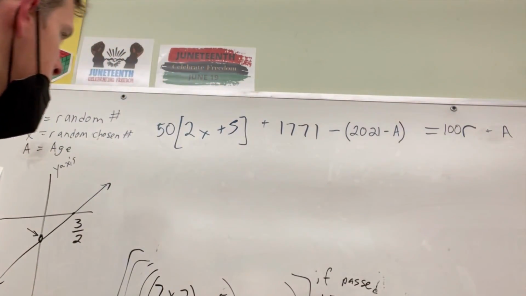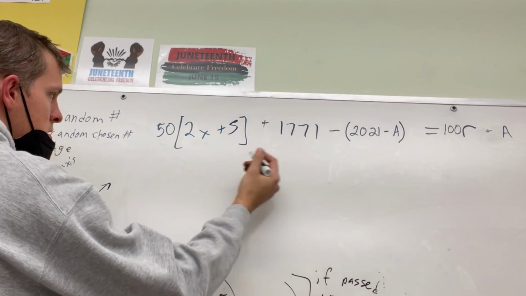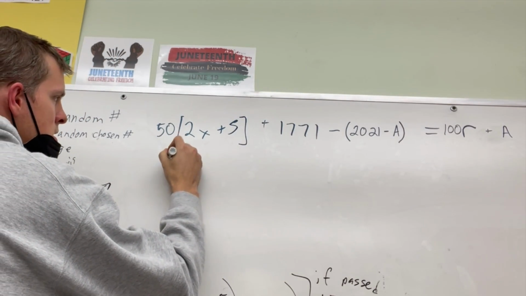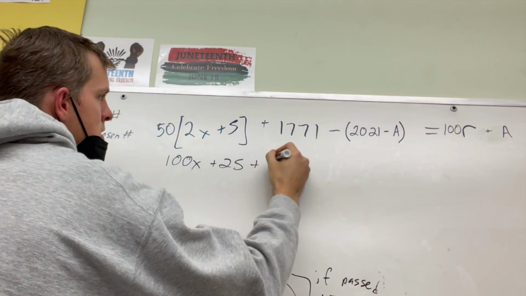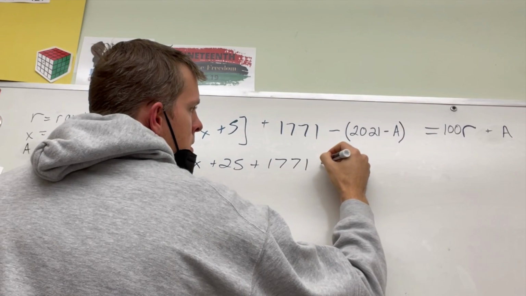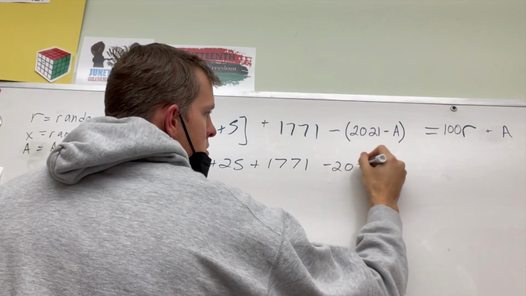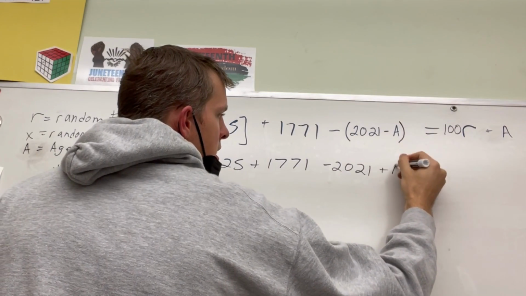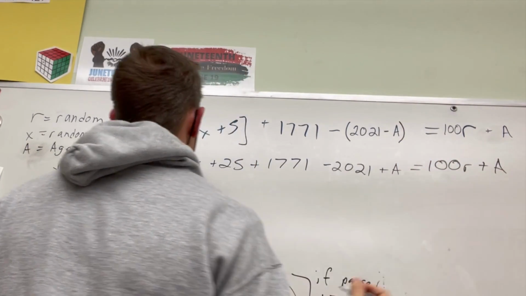So here's how this works. I'm going to simplify it to make it a little clearer. First we're going to distribute 50. So we get 100 times x plus 250 plus 1,771. I'm going to distribute this negative, so it's minus 2,021 plus a equals 100r plus a.